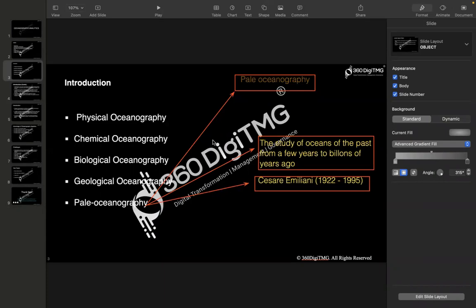Paleoceanography data are derived from many proxies found in the deep sea sediments, as I mentioned before, which include the trace metal and isotopic compositions of the fossils, planktonic species compositions, and lithology. So this was about paleoceanography.